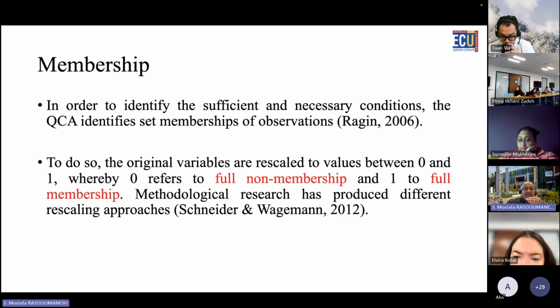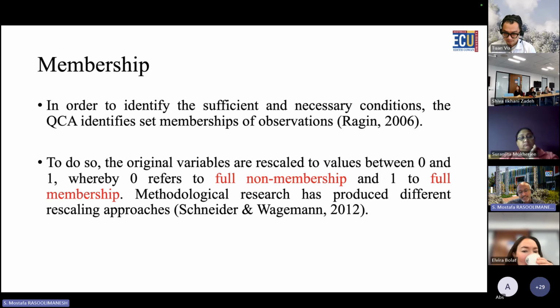So this is the first step that we need to do to perform QCA. But what's the meaning of this membership? Full non-membership means a low level of a variable that we have.